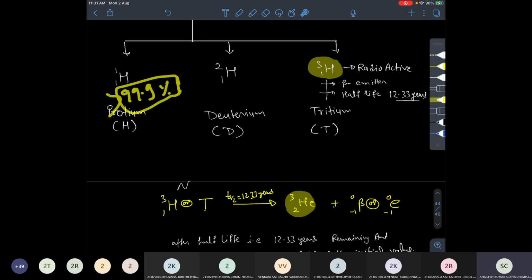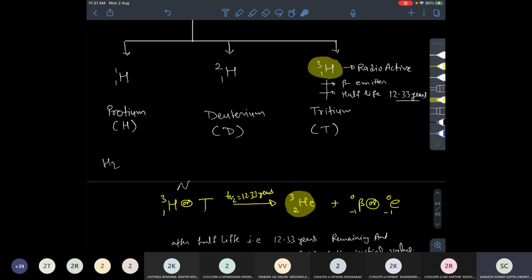That's why whenever we write hydrogen, we are least bothered about deuterium and tritium. We simply think that H2 means mass number will be 2 mu. The reality is it's not like that, but practically it happens because these two are almost negligible.